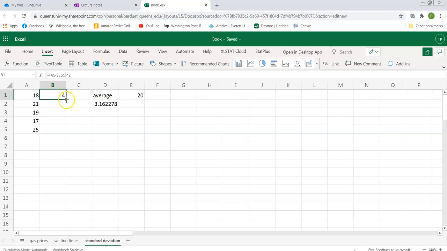And then I'm going to copy this all the way down so I don't have to type it again. Just like we did before, I'm going to move my mouse until the plus changes.